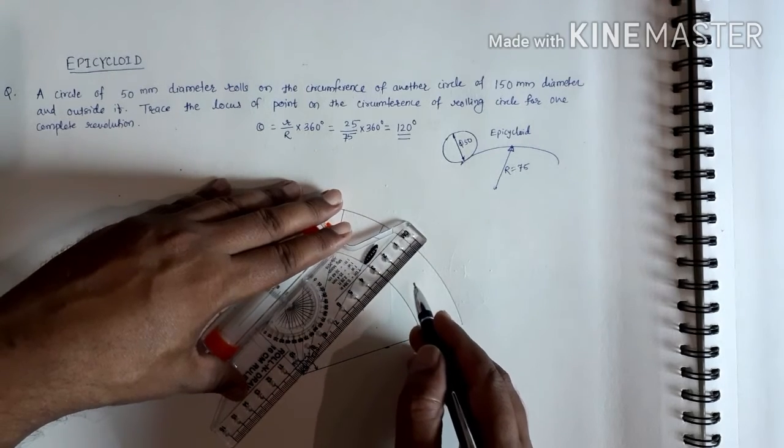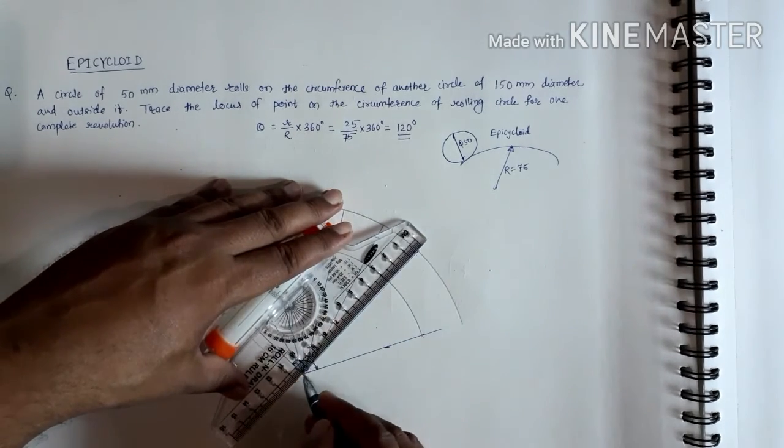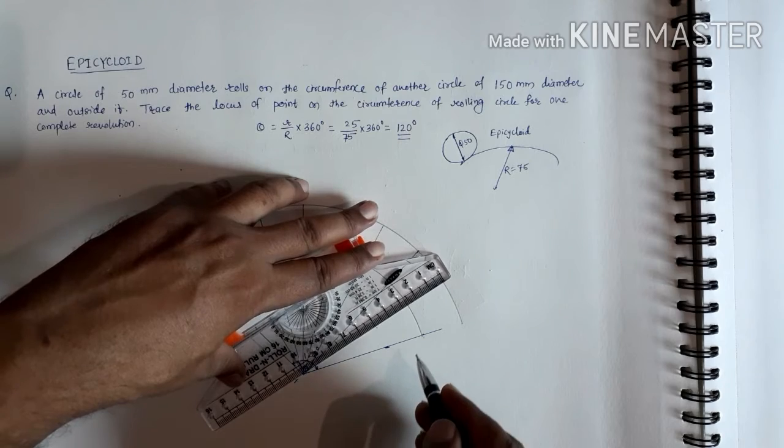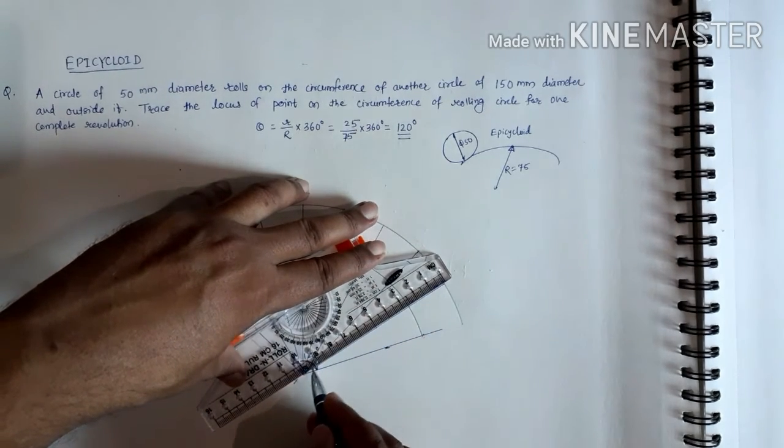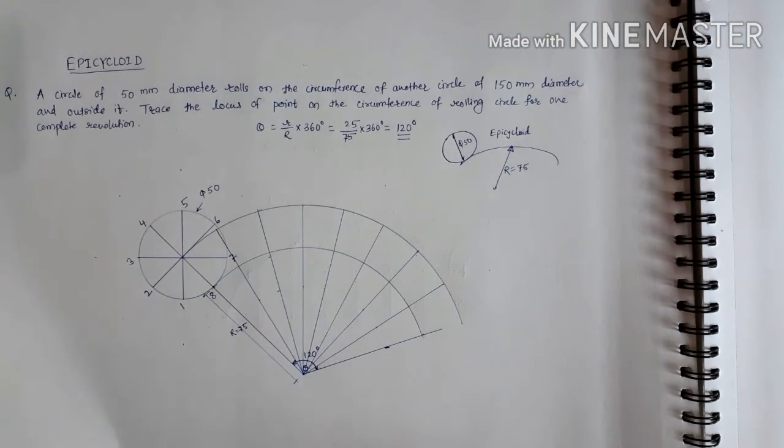So this curve is divided in 8 parts, the same way we divided the circle. So this is the third step.